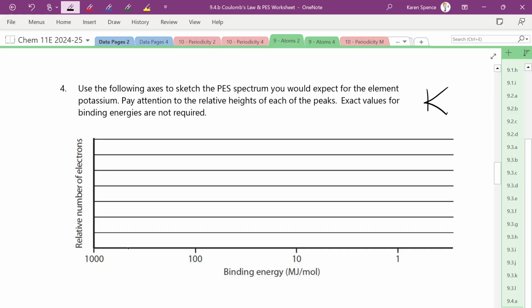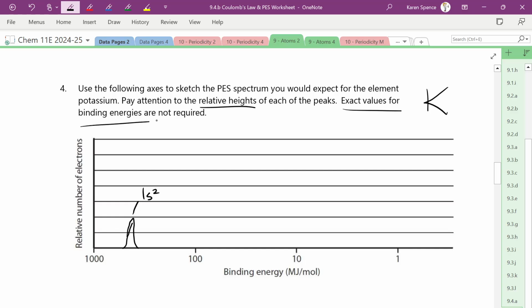So we're going to start out with our 1s2. Does it matter on what side of it, like the left or right? No, it doesn't matter. It says, pay attention to the relative heights.